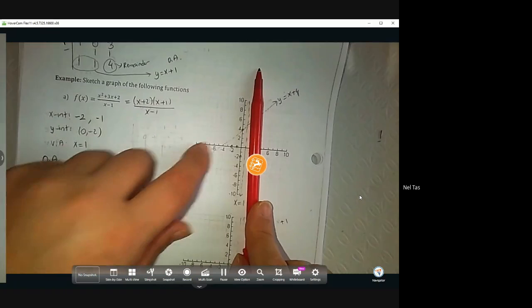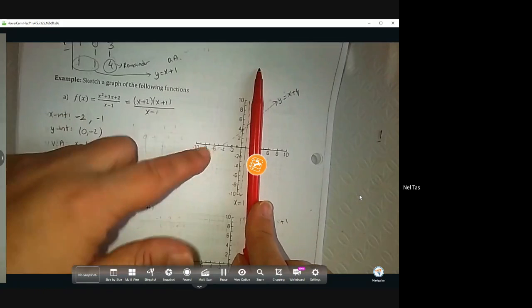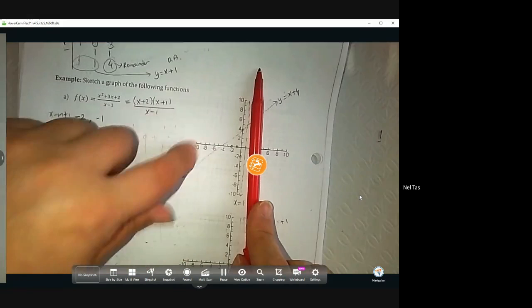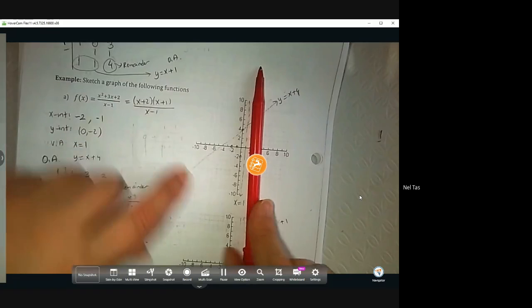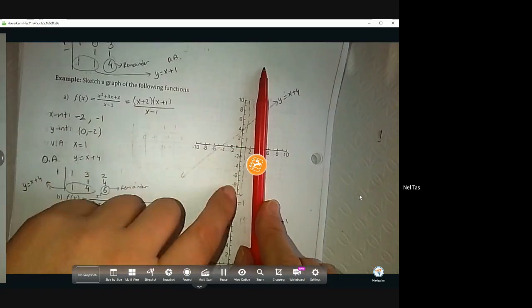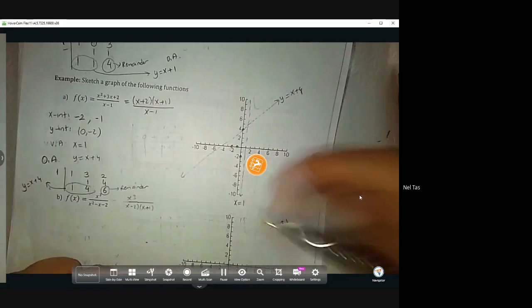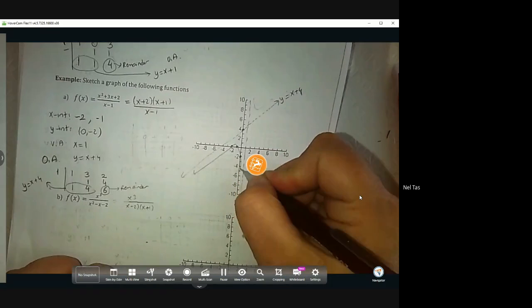If I sketch it here, then I need an x-intercept, but I don't have any x-intercept on this side. So I cannot pass through and approach the oblique asymptote if I sketch it here. So it looks like I will have to do it right here, and I have to pass through those x-intercepts and y-intercept. Okay, so it looks like that's gonna be right here.